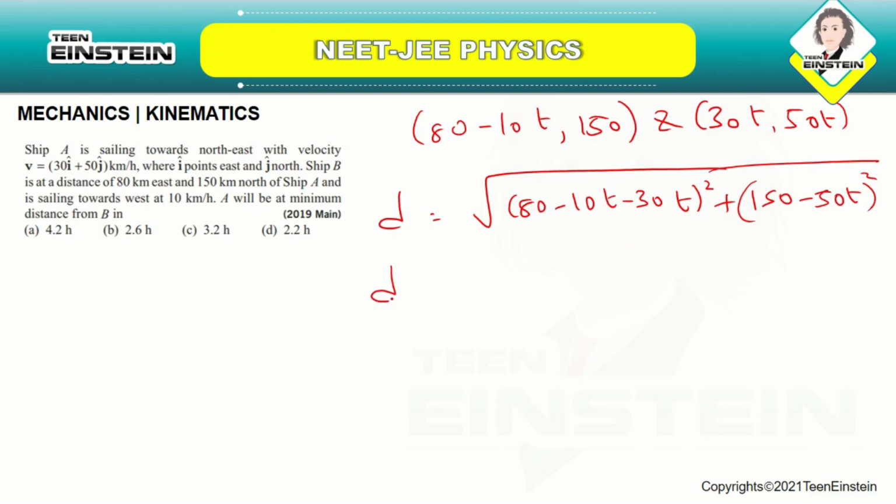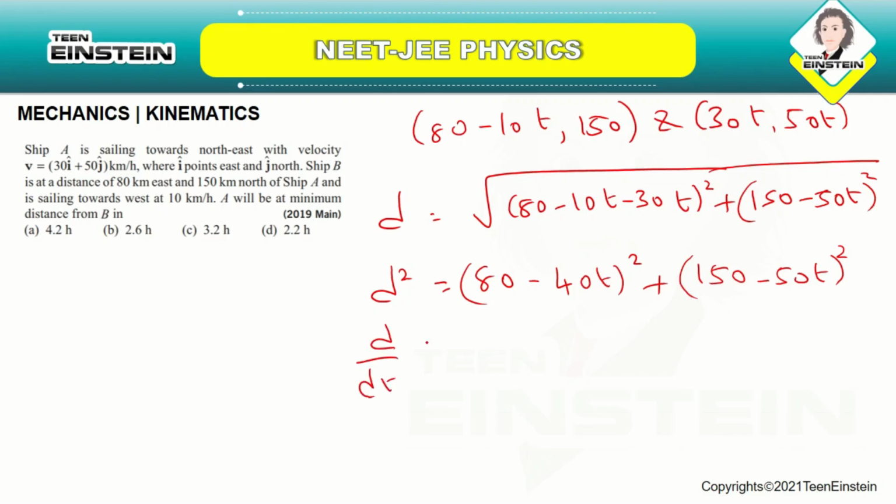So, d square will be (80 minus 40t) the whole square plus (150 minus 50t) the whole square. Distance is minimum when d by dt of d square is equal to 0.